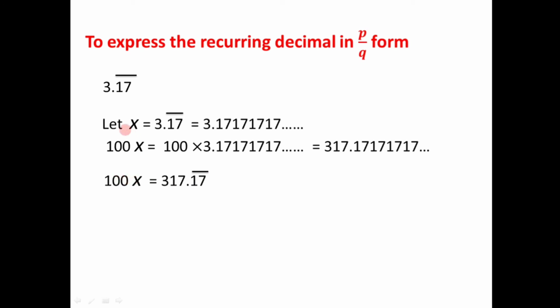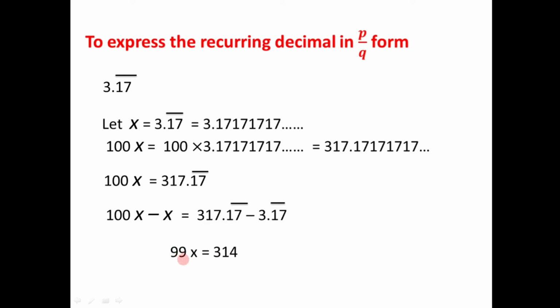Now we have to subtract the first equation from this one, that is 100x minus x is equal to the right hand side of this equation, 317.17 recurring, minus the right hand side of the first equation, 3.17 recurring. Now again 100x minus x, that is 99x, is equal to, here also 17 recurring and 17 recurring after the decimal will get cancelled. 317 minus 3, that will be 314.